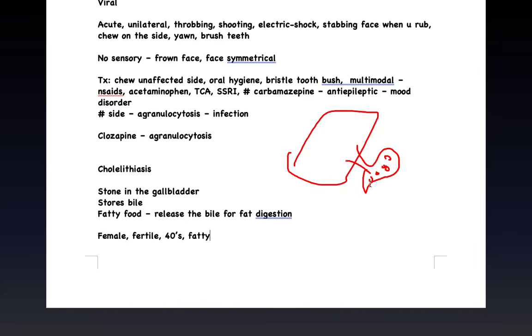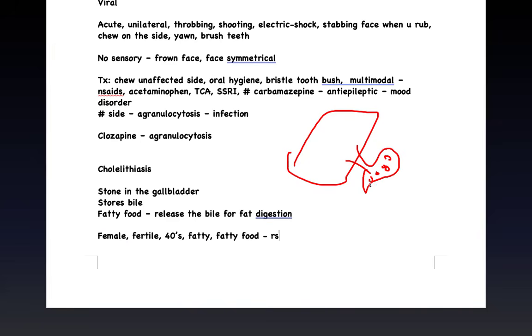They're a little bit obese. So those are the key features you have to pay attention to. They are female, fertile, in their 40s, obese, and they stay on fatty food.